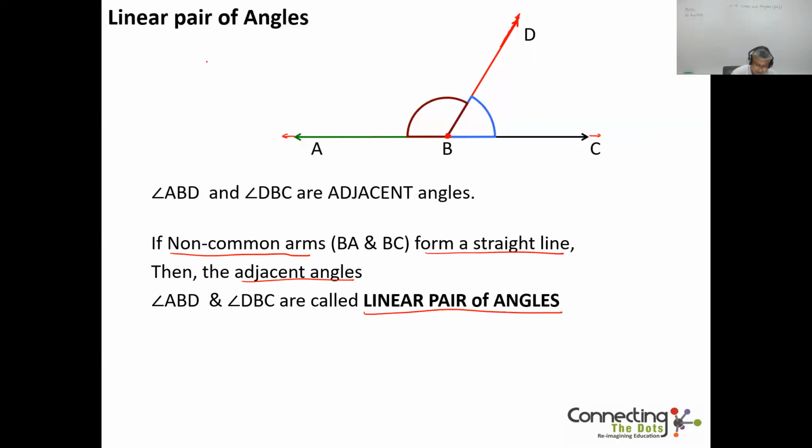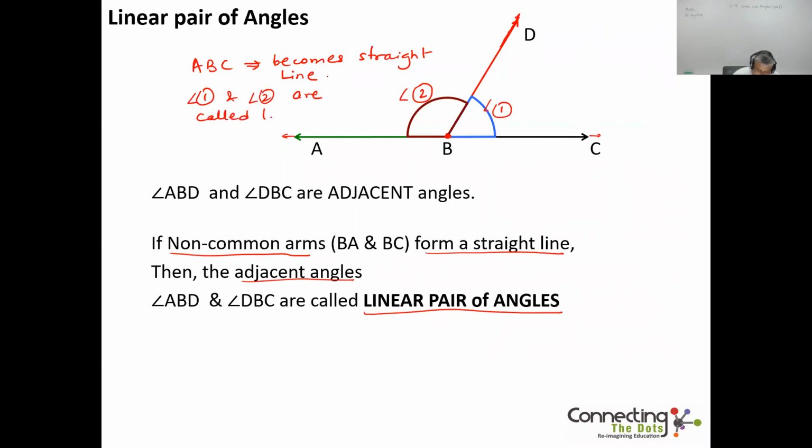So if ABC becomes a straight line, then angle 1 and angle 2 are called linear pair of angles.